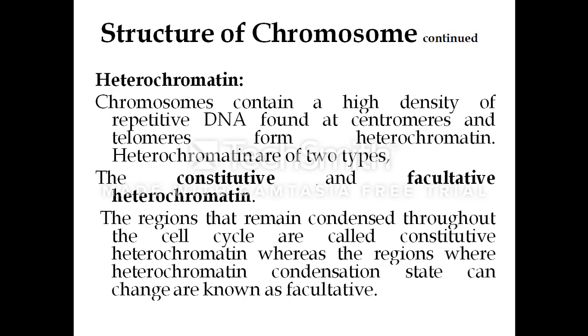So heterochromatin that remains condensed irrespective of the cell stage and cell cycle is constitutive heterochromatin. If the heterochromatin region relaxes and condenses depending on the cell stage and cell cycle, it is called facultative heterochromatin.